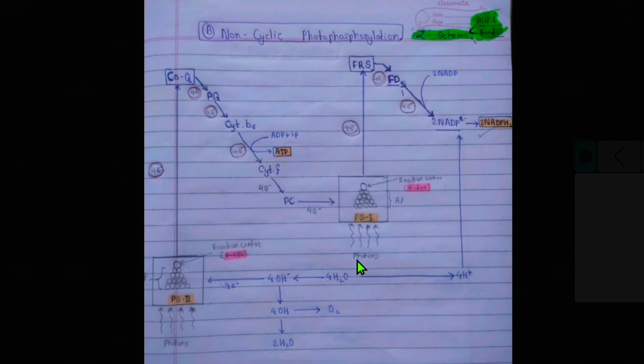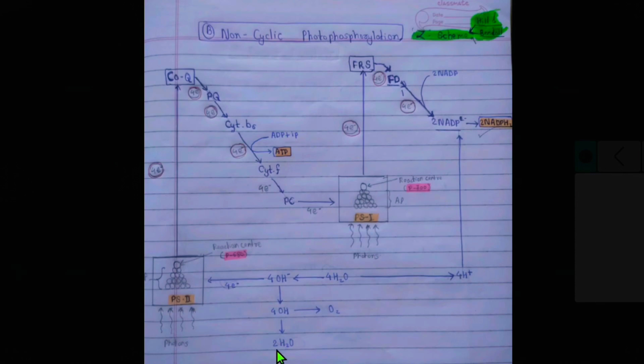Here again absorption of energy takes place, and photoexcitation of PS1, and then the energized electron is transferred. First it goes into FRS, then ferredoxin, then NADP comes in, and 2 NADP with the 4 hydrogen take part, and here NADPH2 is generated. 2 molecules of NADPH2 are generated.